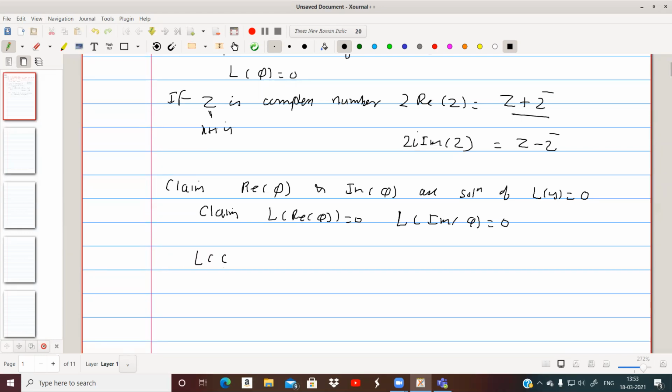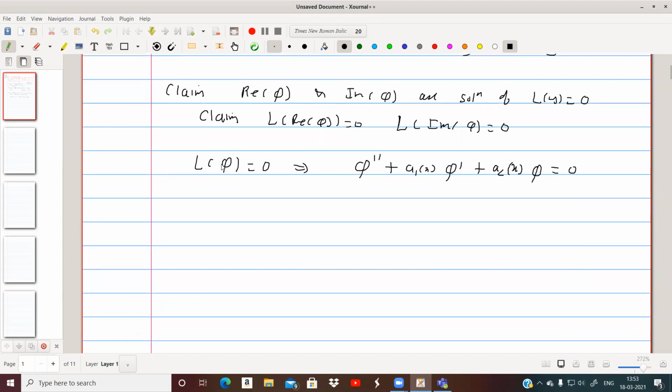So L(y) = 0 implies phi'' + a1(x) phi' + a2(x) phi = 0, which is known to you since phi is a solution. Now I'm just taking the conjugate of everything, and the conjugate of 0 is 0.